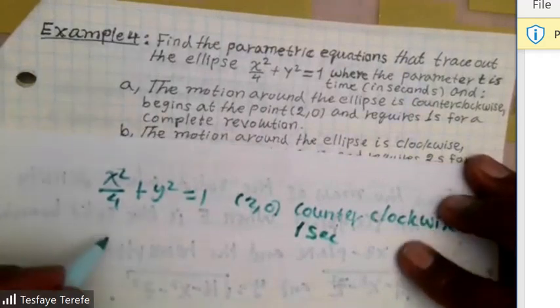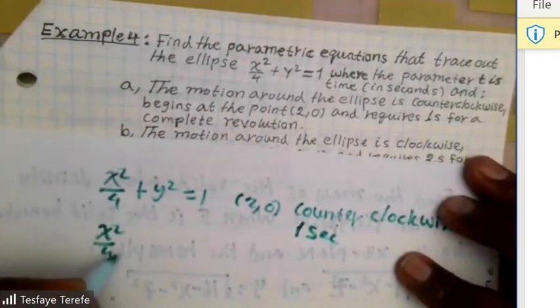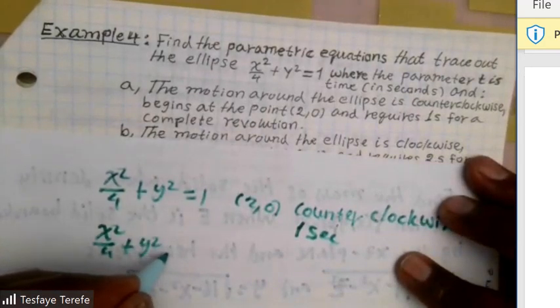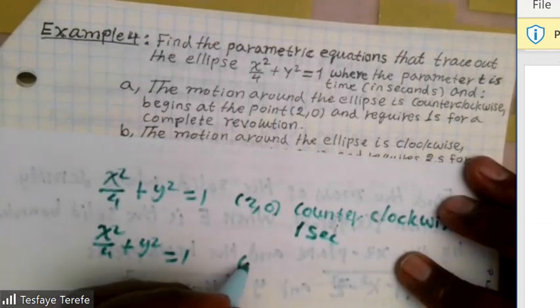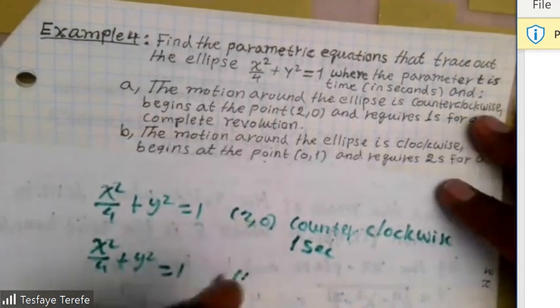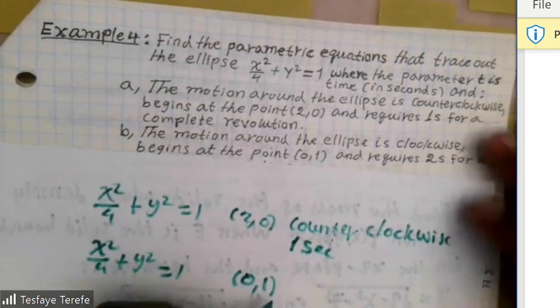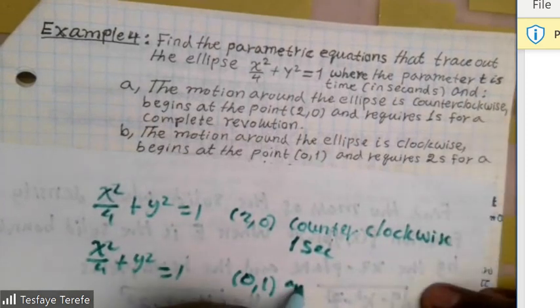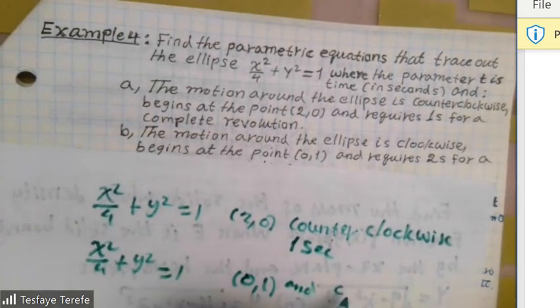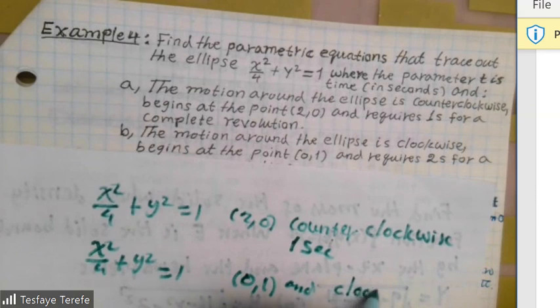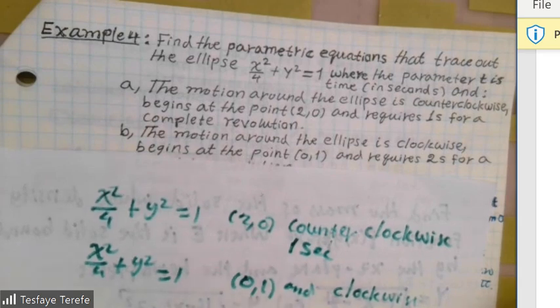And b, again, x squared over 4 plus y squared equals 1. Starts at the point (0, 1), and clockwise, 2 seconds to complete one revolution.